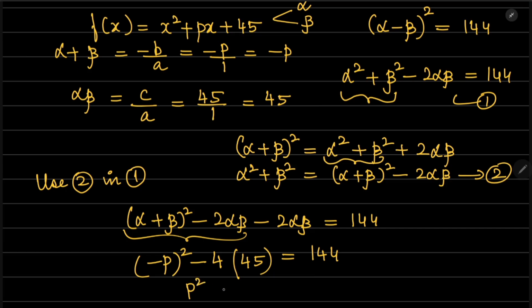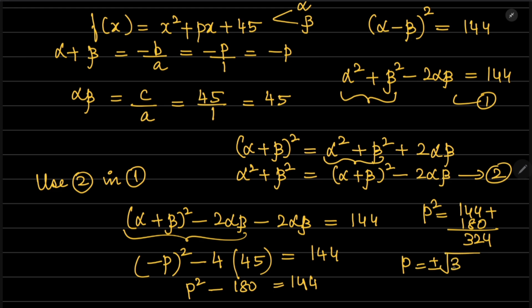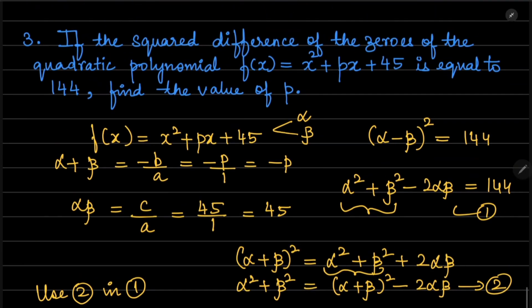So p square minus 180 is equal to 144. Therefore p square equals 144 plus 180, which is 324. So p is equal to plus or minus root of 324, which is plus or minus 18.